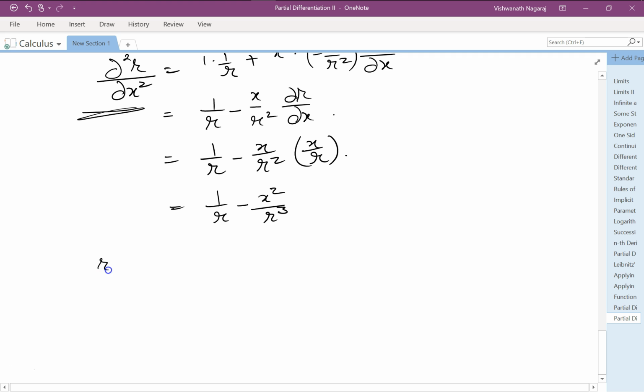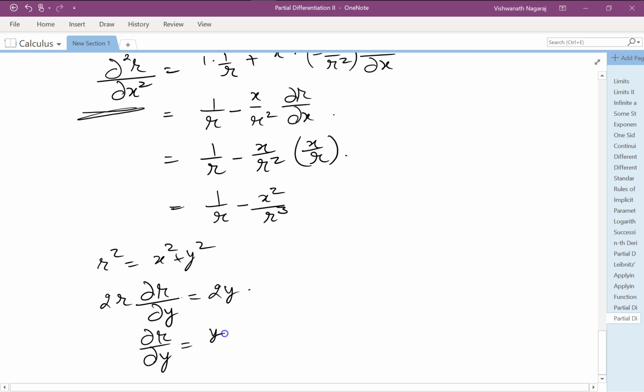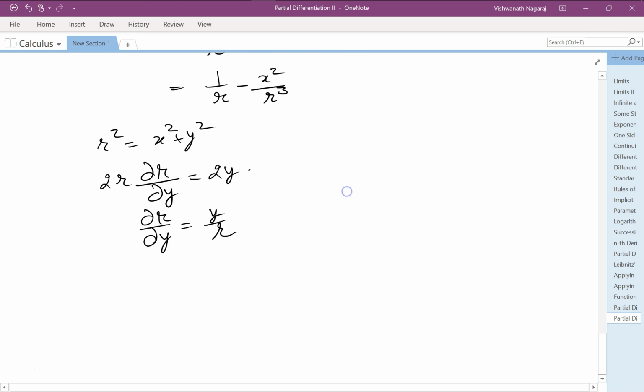So again, r square is equal to x square plus y square. 2r dou r by dou y is equal to 2y. So dou r by dou y is equal to y by r. Now we again partially differentiate it. So dou square r by dou y square is equal to, again we can write this as y times 1 by r. So we differentiate y, that becomes 1.